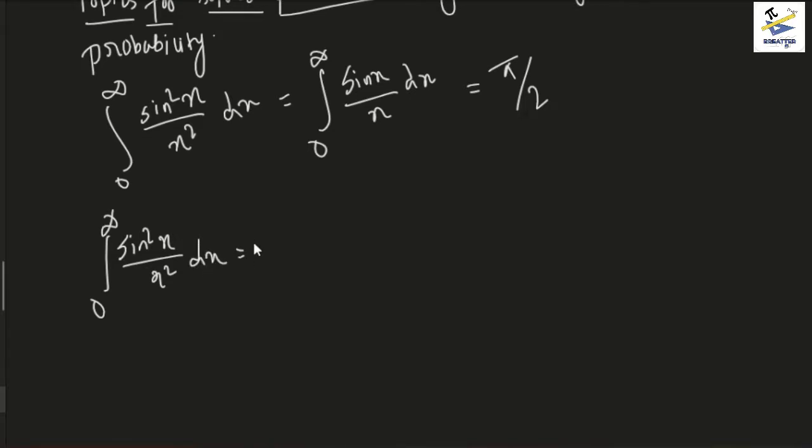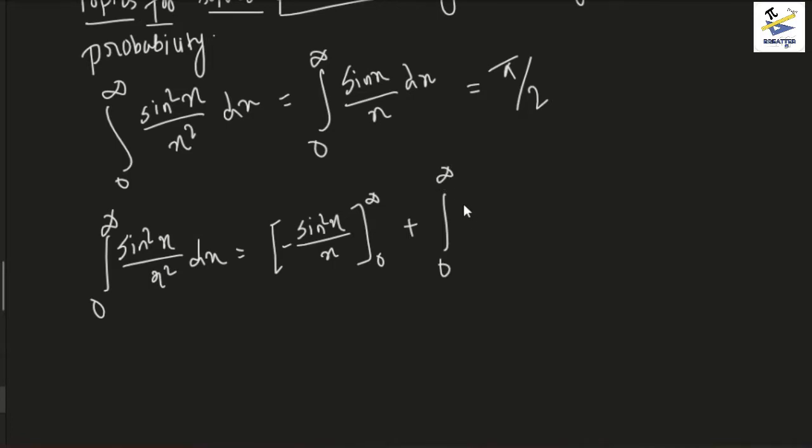Now what we can do is take sine squared x as the first function and 1 by x squared as the second function, and this would give us a boundary term from 0 to infinity plus the integral from 0 to infinity.